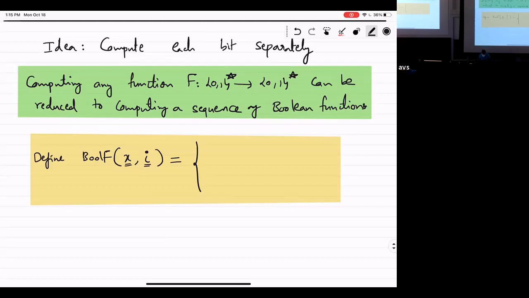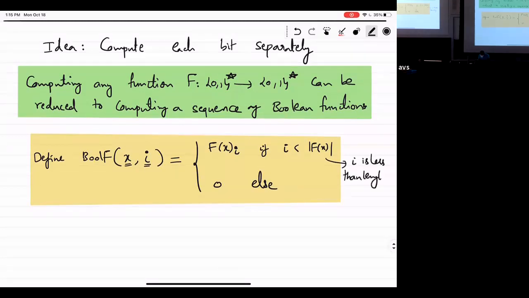Okay, is f of x the ith bit of that if i is less than the length of f of x, and 0 else. Okay, this is essentially computing each bit at a time.